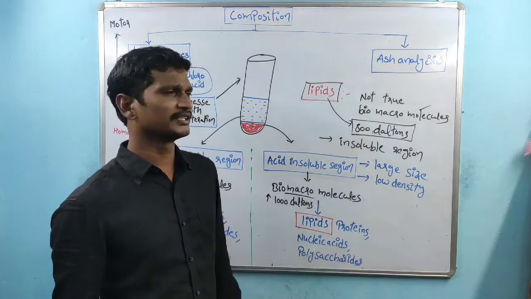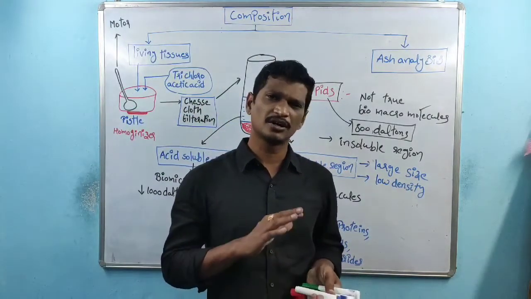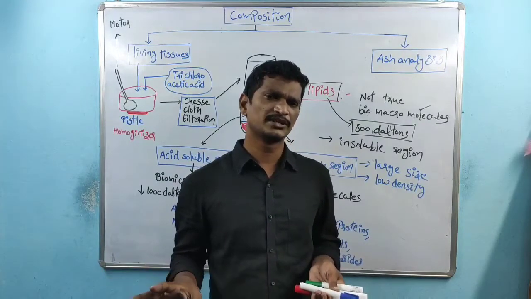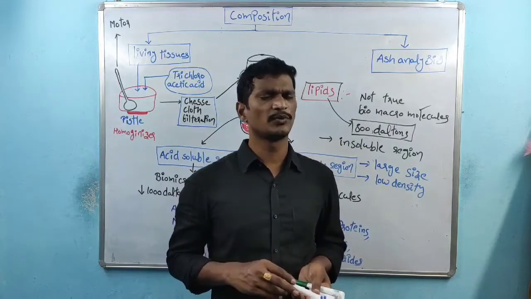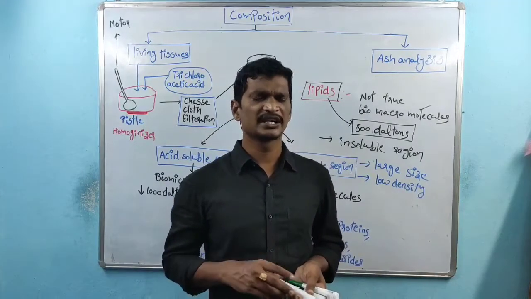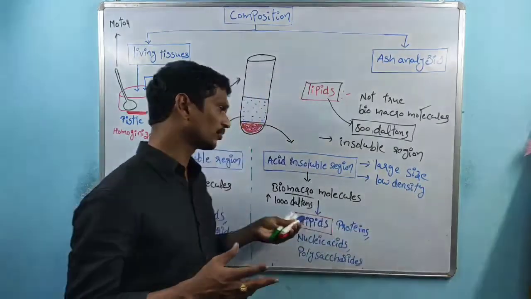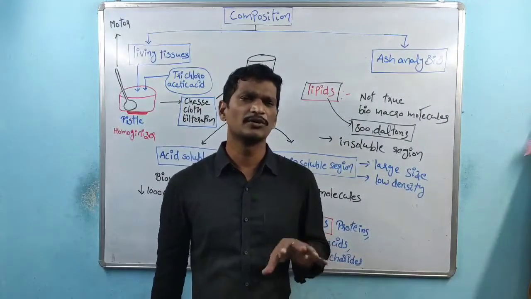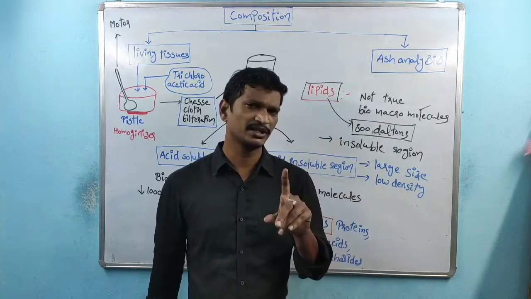So whatever lipid components are there, they are insoluble, with 800 Daltons molecular weight. Even so, they are considered biomacromolecules because they are present in the insoluble fraction. That is one of the reasons.